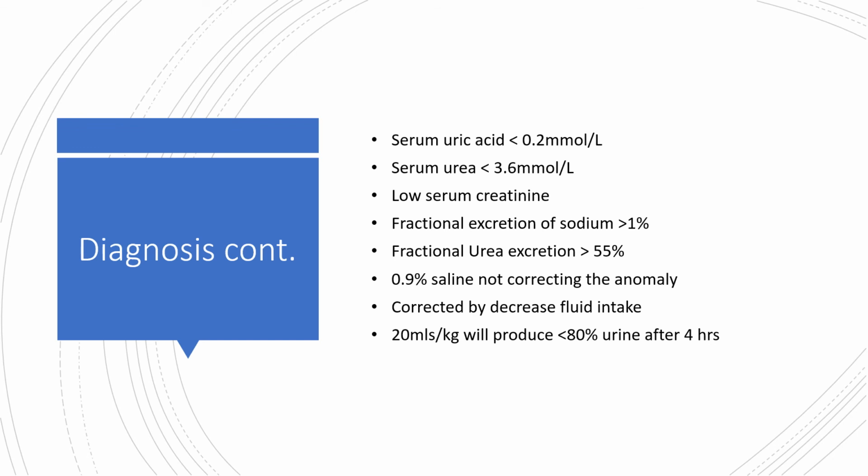And another thing you could do, then you'll be able to write on the record of the patient that this is SIADH: give that patient 20 ml per kg water, okay? 4 hours after, collect the urine and check the percentage of that fluid that has been excreted. The affected person with SIADH will excrete less than 80% of the quantity you administered 4 hours ago.